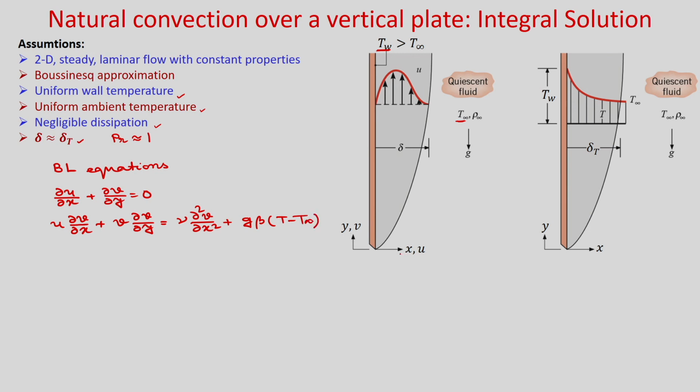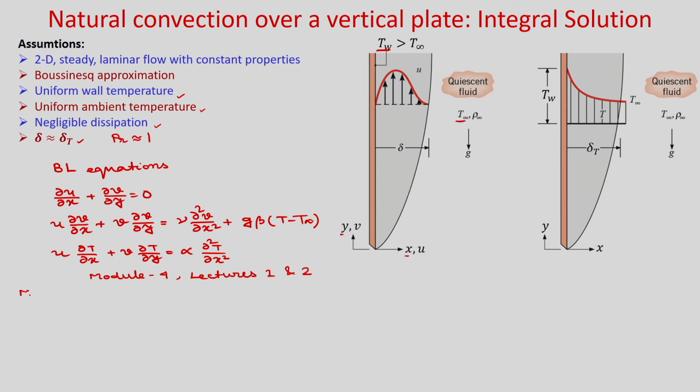In this case, x is perpendicular to the wall and y is along the vertical wall. The energy equation: u del T by del x plus v del T by del y is equal to alpha del 2 T by del x square. You can refer to module 4 lectures 1 and 2 for the derivation of these integral equations.